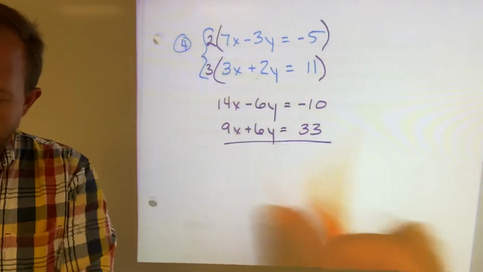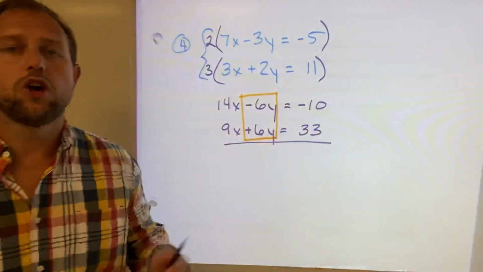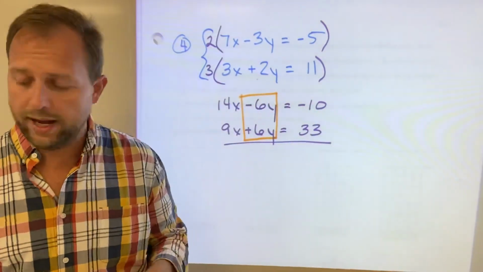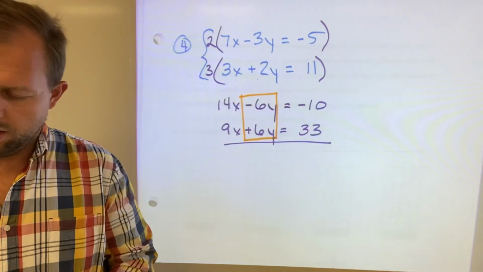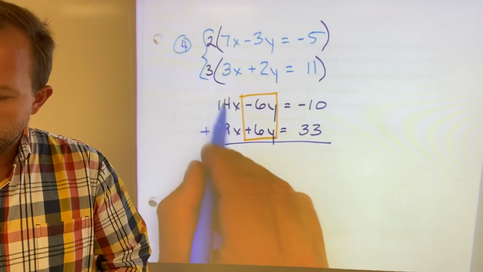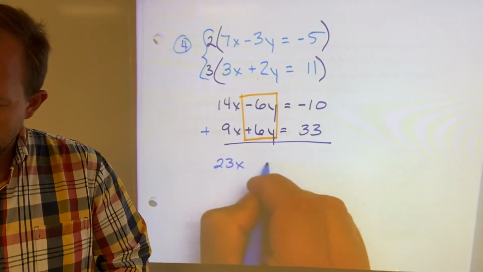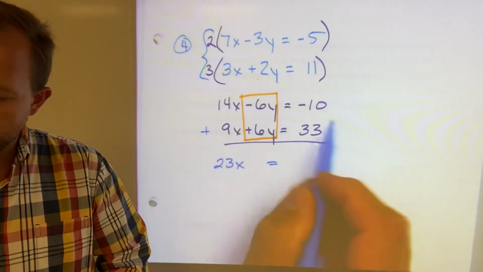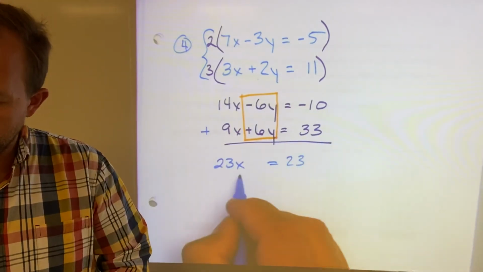Again, the goal was to get a set of variables, could have been x, could have been y, with equal but opposite coefficients. So that when we go through and we add them, 14 plus 9 is 23x. The y's cancel out. 33 and a negative 10 is a positive 23.